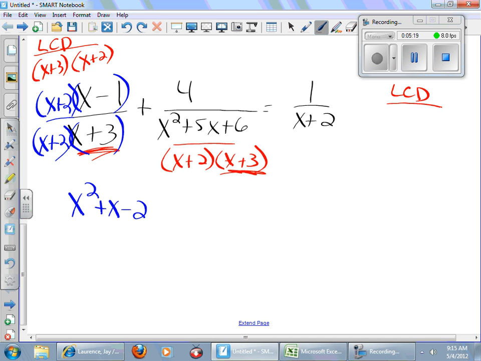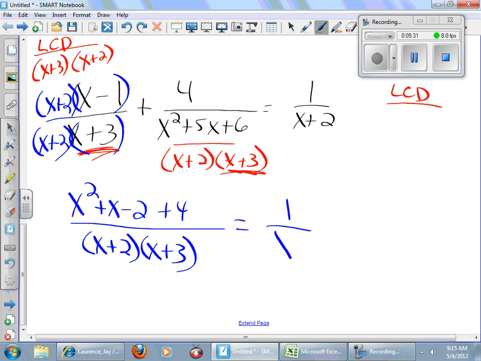And then I'm going to have this plus 4 over here, and then that is all over the LCD. Okay, that'll still equal 1 over x plus 2. Now I have to combine these two terms and turn them into positive 2. They're like terms. Okay, so I'll make that a positive 2.